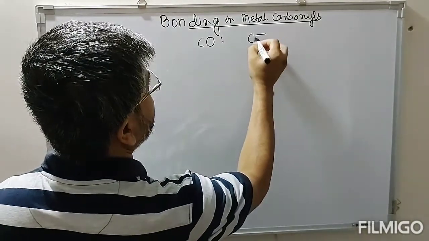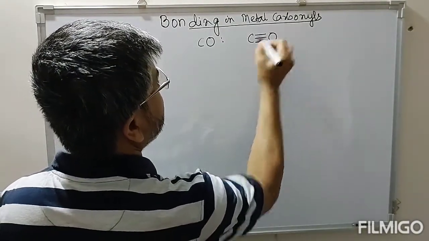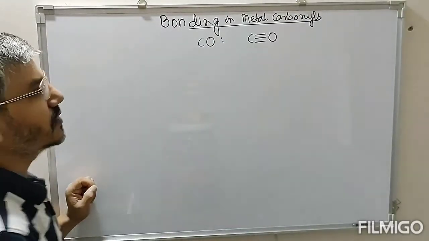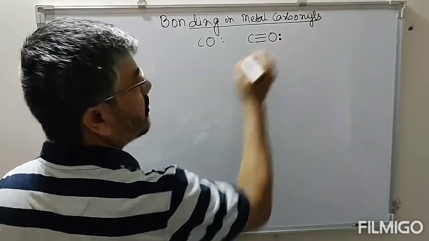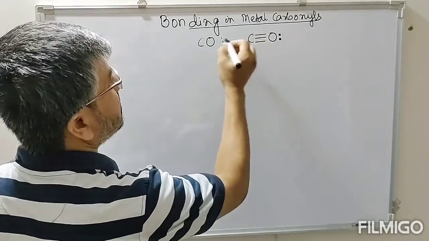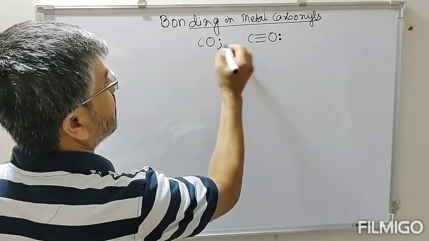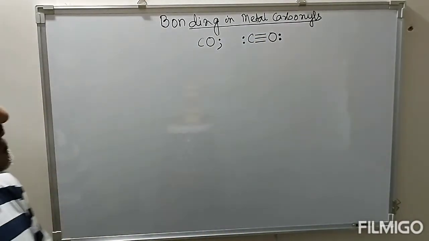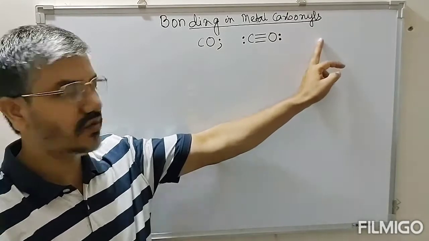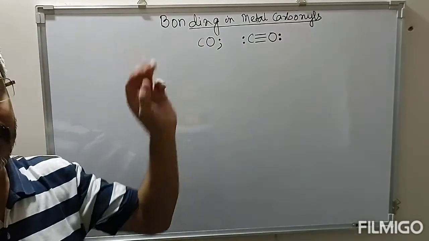We have a carbon-oxygen triple bond. To satisfy the valency, oxygen has a lone pair of electrons, and carbon also has a lone pair of electrons. So either bonding can be through oxygen or through carbon.